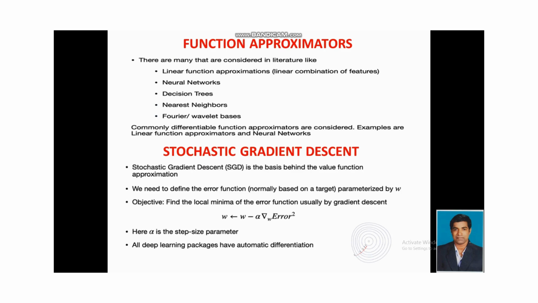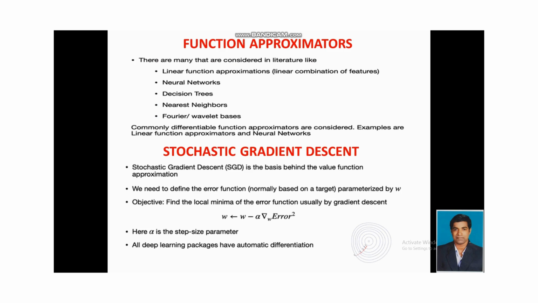Function approximators. There are many considered in the literature, like linear function approximators, neural networks, decision trees, nearest neighbors, Fourier and wavelet bases. Commonly, differentiable function approximators are considered, for example linear function approximators and neural networks.